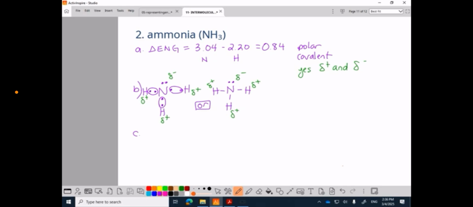It has hydrogen as part of its molecule, and there is going to be a nitrogen. So if we were going to draw the hydrogen bonding, it would be a dotted line between the hydrogen and a nitrogen. So nitrogen is part of FON or NOF, the 3 electronegative elements required for hydrogen bonding to form.